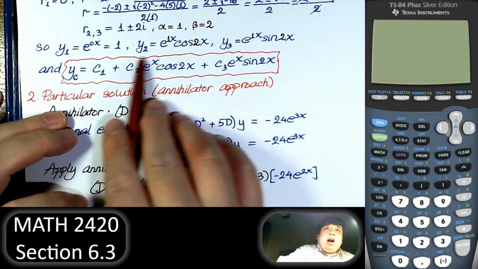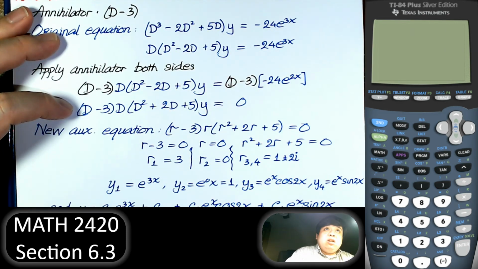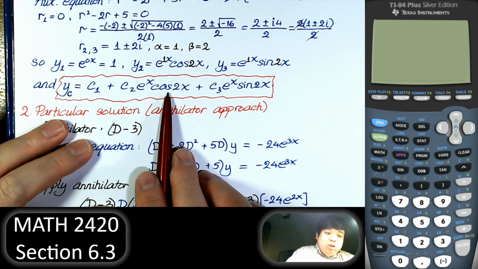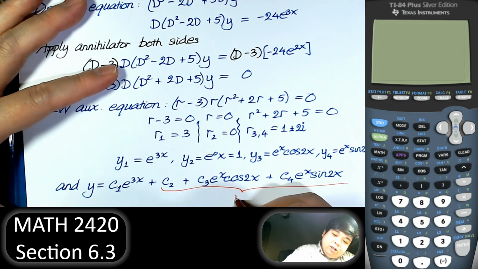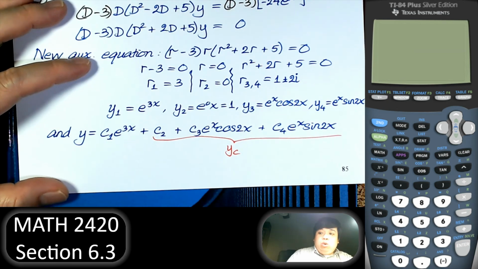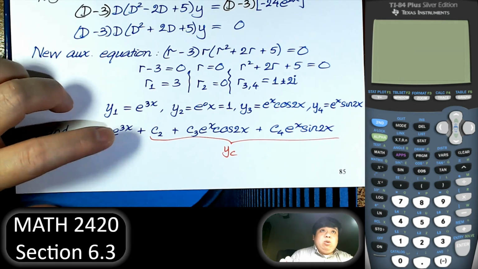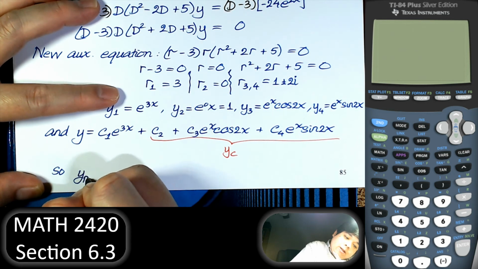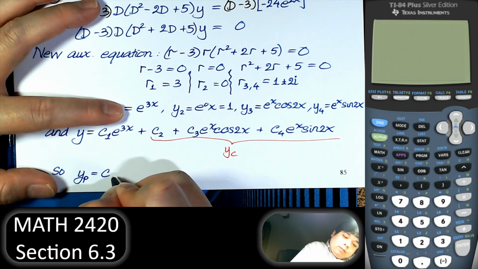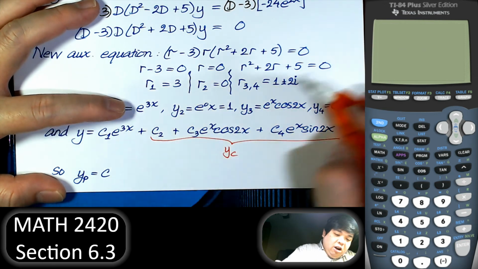Now, for the complementary solution, we have the constant, we have the e to the x cosine 2x, e to the x sine 2x, so all of this is the complementary solution. So that means the form of the particular solution is this. Yeah, just write the constant.